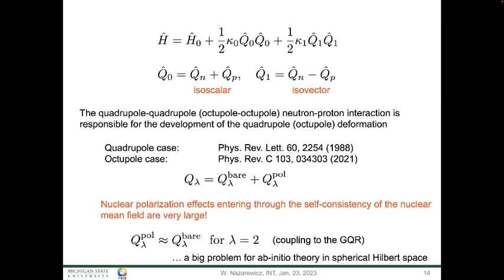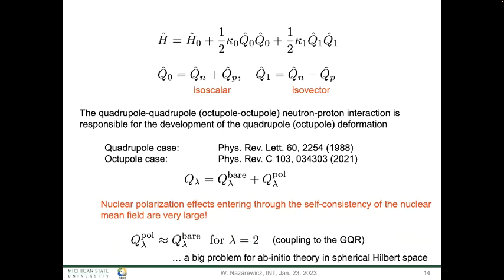So for instance, one can show in this schematic Hamiltonian that the quadrupole moment of the nucleus, Q lambda here, can be viewed in the Bohr-Mottelson picture as the quadrupole moment of all those valence protons and neutrons, plus the part which corresponds to polarization of the core, the polarization due to the presence of valence particles.